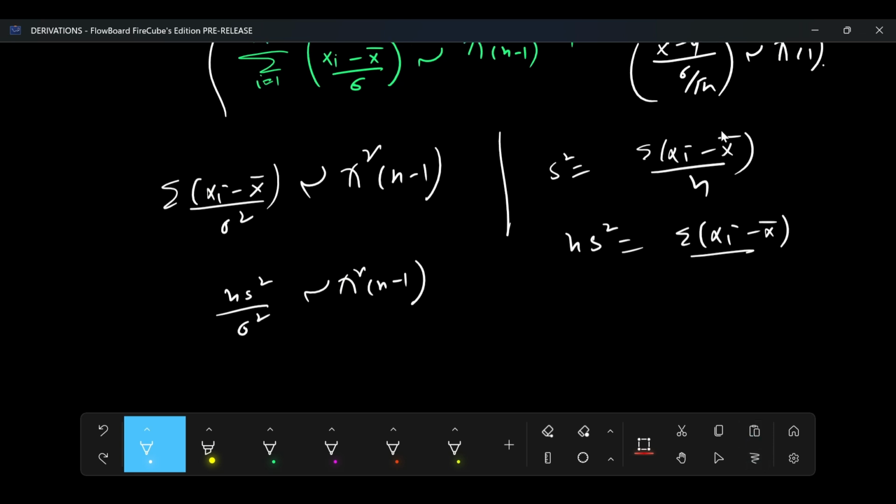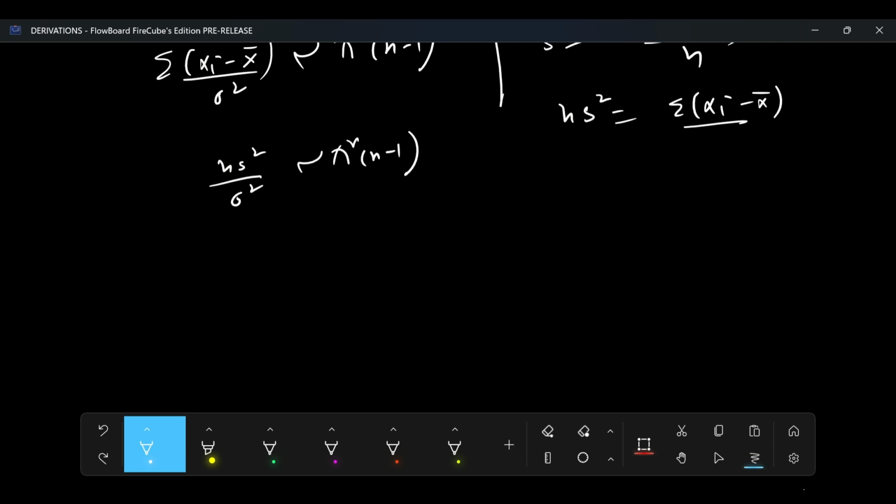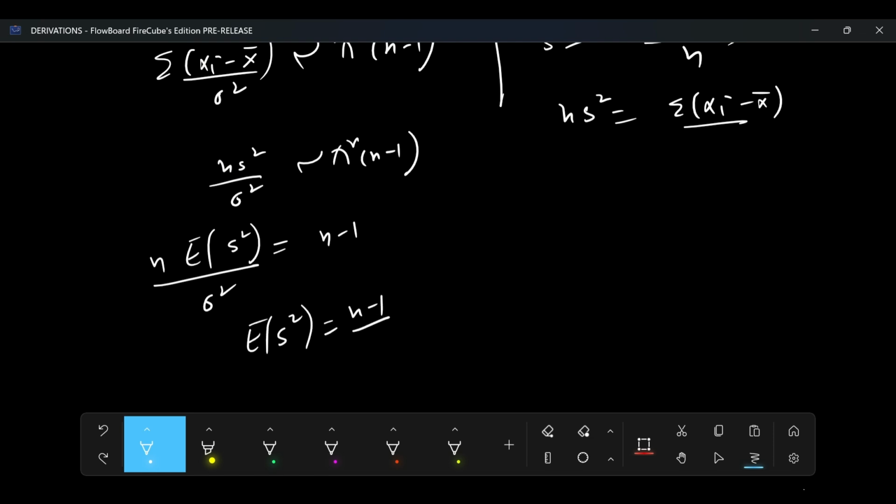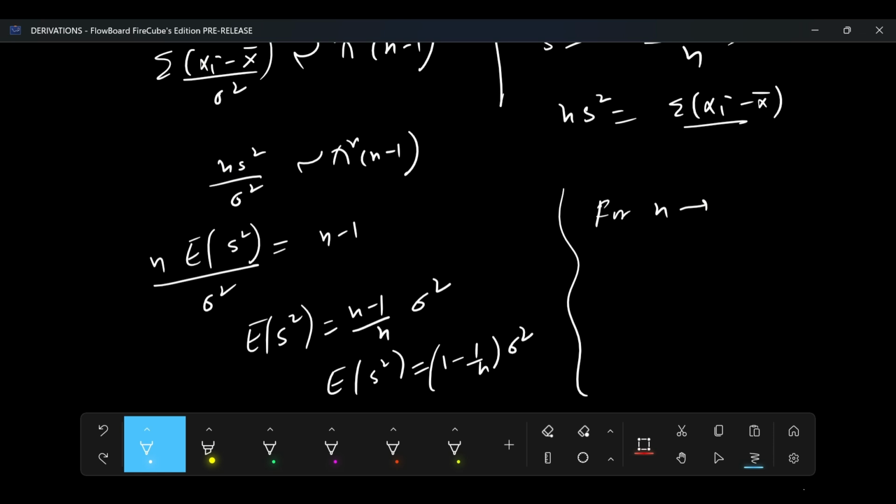Clear? So what's the expectation of s square? Expectation of chi square n minus 1 is n minus 1. So expectation of s square will be (n minus 1) divided by n, times sigma square, which is (1 minus 1 upon n) sigma square. And for large values of n, expectation of s square is equal to sigma square.